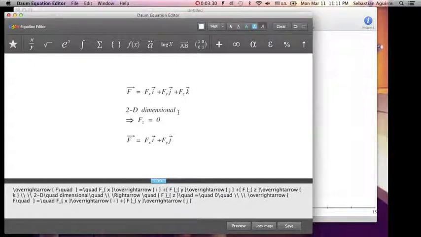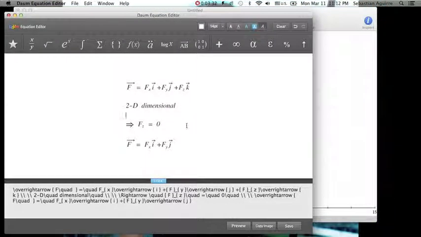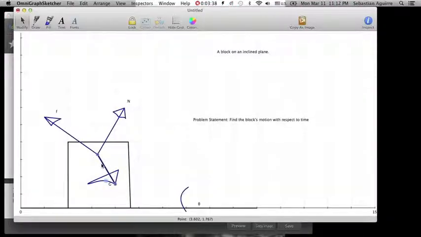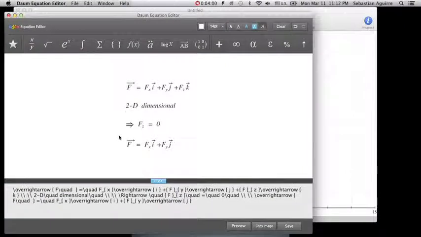So now, since we have rotated this or made it flat, our only varying axis is the x direction: the block is only moving to the right, positive to the right, not downwards and sideways.